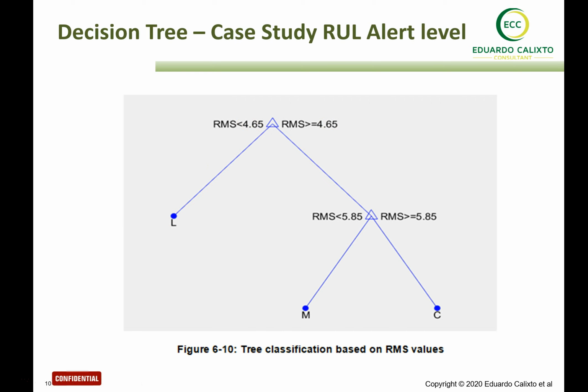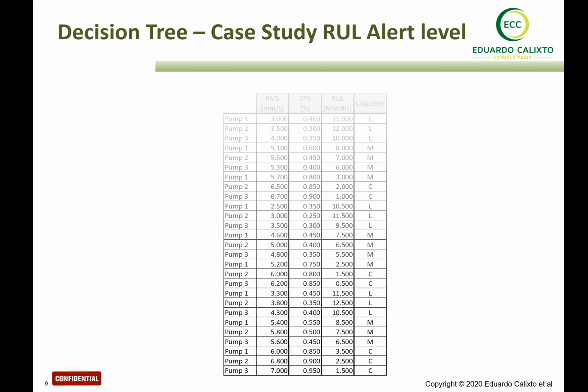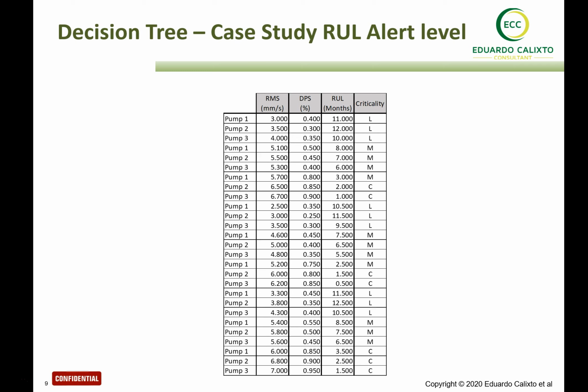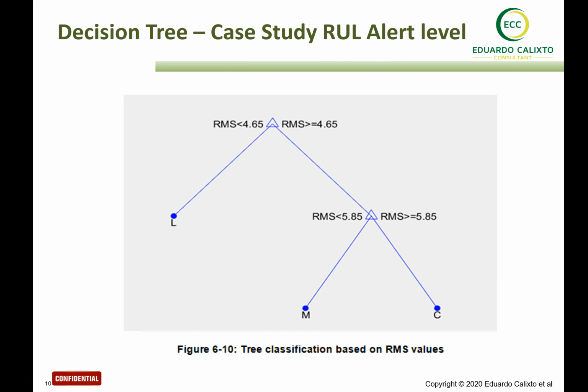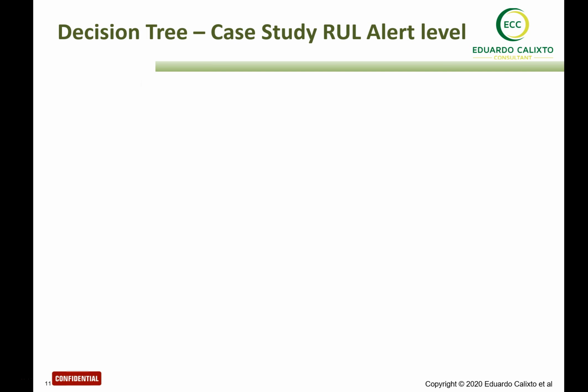But to get to this decision tree, which is the basis for the alarms or visual alert setup, we need historical data as we presented here, from different pumps. Here we have basically three pumps at different levels of vibration and remaining useful life to set up the level of the alert that we need to have on a screen.